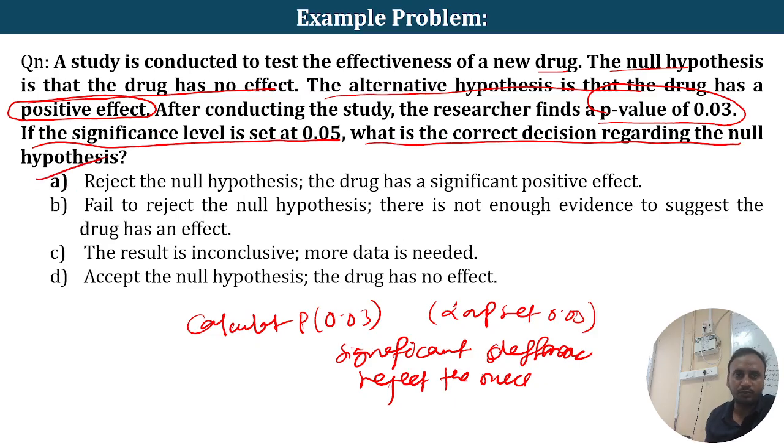The first option, fail to reject, can't be right, because p is already less than 0.05. We do have enough evidence, so that can't be the answer. Proceeding with the result?